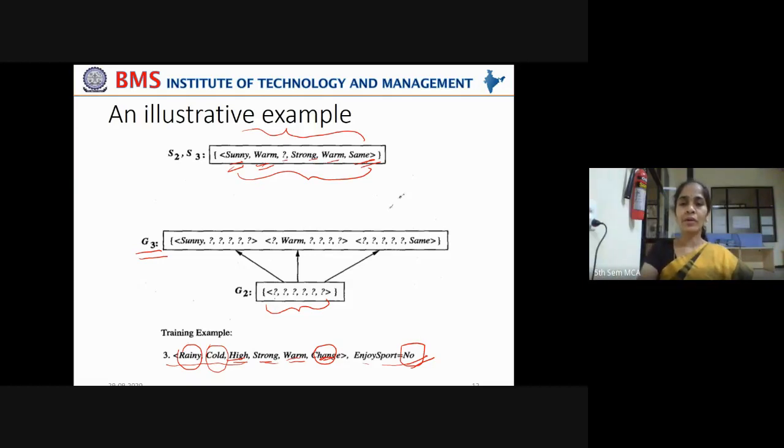So this general hypothesis G2 is now divided into 3 hypotheses. Actually, 6 values are allowed for the hypothesis, that is sunny, rainy, cold, high, strong, warm, and change. Each of these can be written like this: rainy and all question marks.